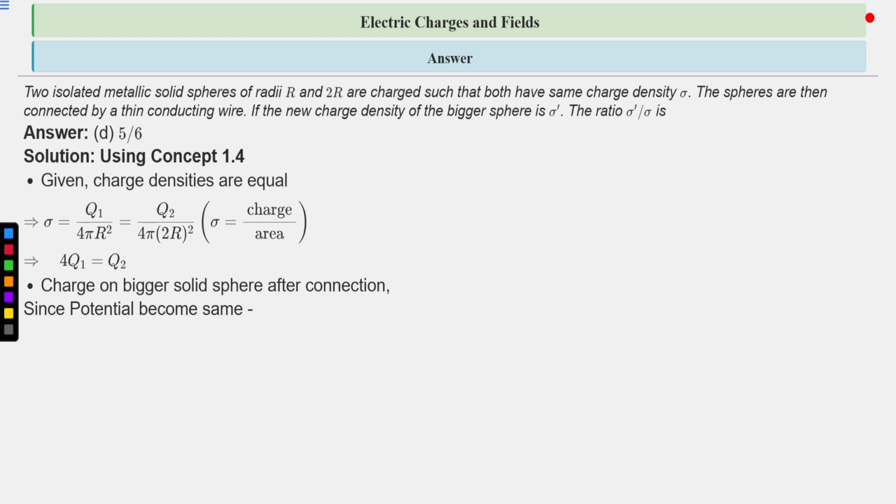Since the potential of both solid spheres becomes the same, we know that the potential on the surface of a charged metallic sphere is kq by r, where q is the charge on the solid sphere and r is its radius. So here, kq1 prime upon r1 is equal to kq2 prime upon r2, and mark this as equation 1.